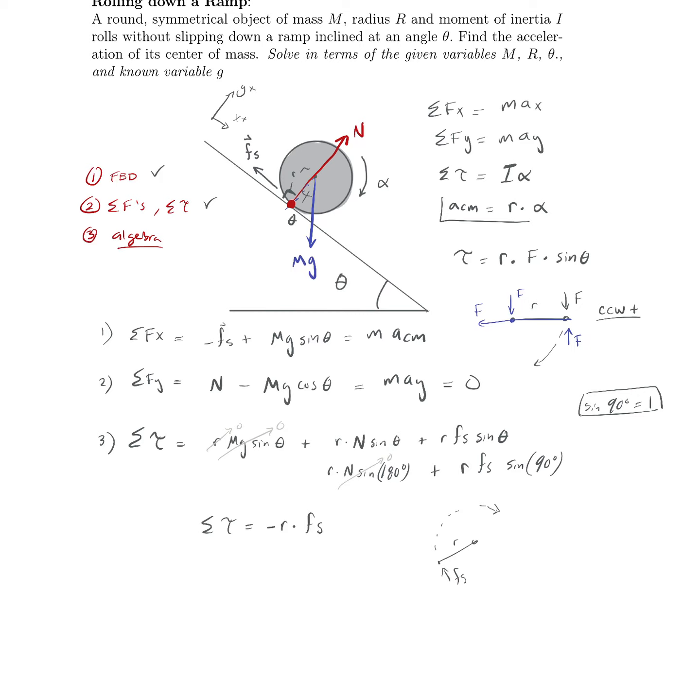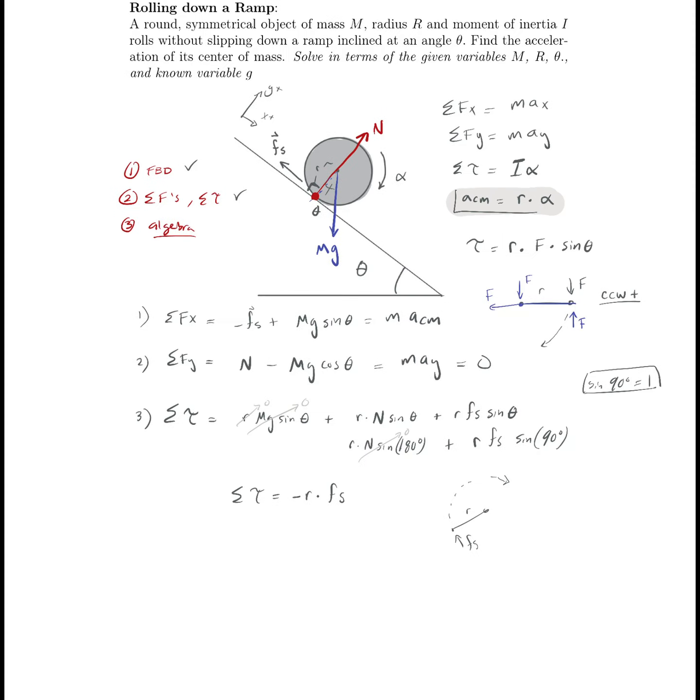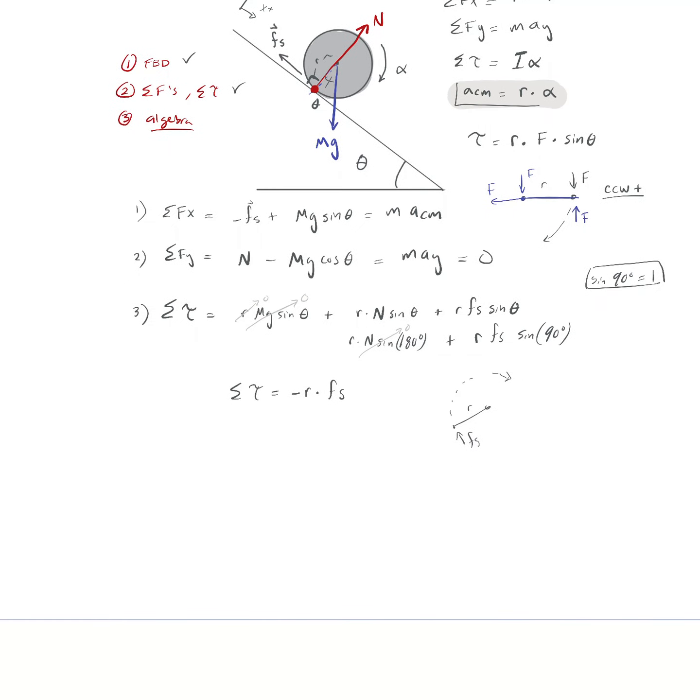ACM, the linear acceleration of the center of mass along a line, is equal to R times the angular acceleration. So rolling with no slipping, let's use that. This is our equation number 4. ACM equals R times alpha.